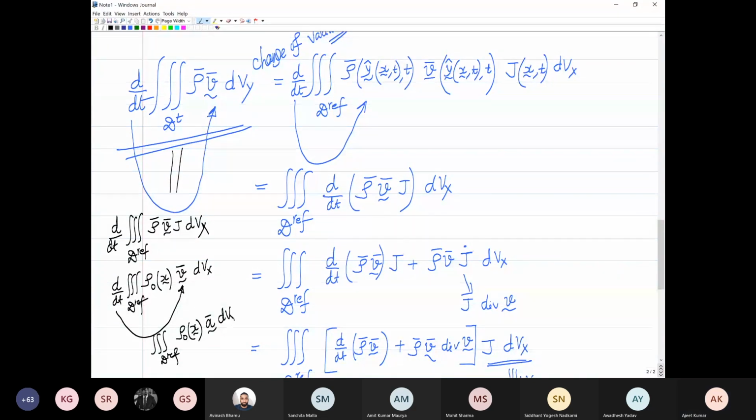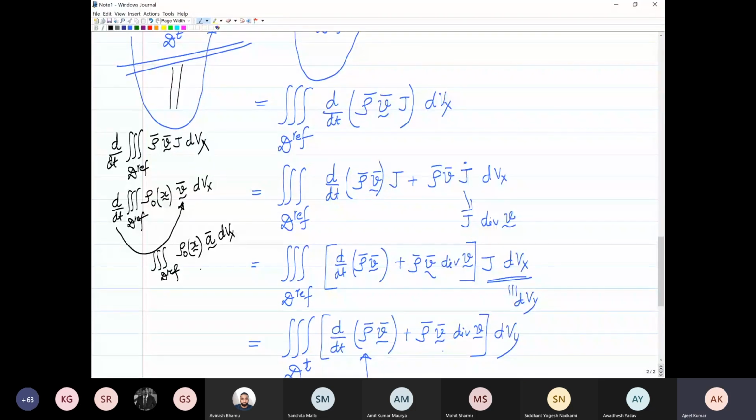And finally, if you want to switch back to the current domain, you rewrite rho naught as rho bar, times acceleration, times j dVx, and this then becomes the integral over the current domain of rho bar a dVy.